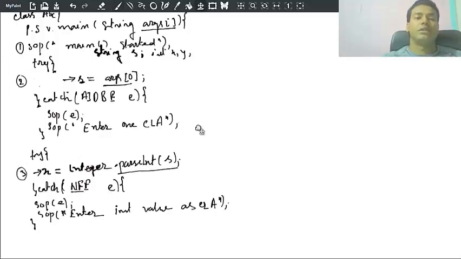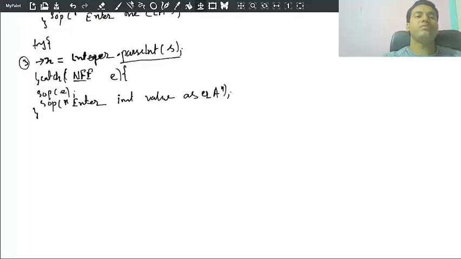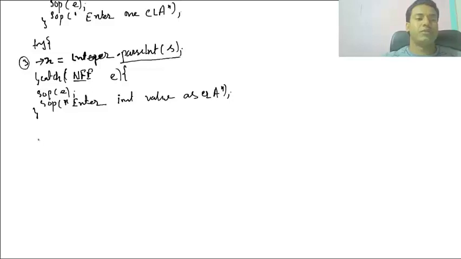Now the next statement, statement 4, should be y is equal to 10 divided by x, right? Now this also may give an exception, this also in try, and in that catch.